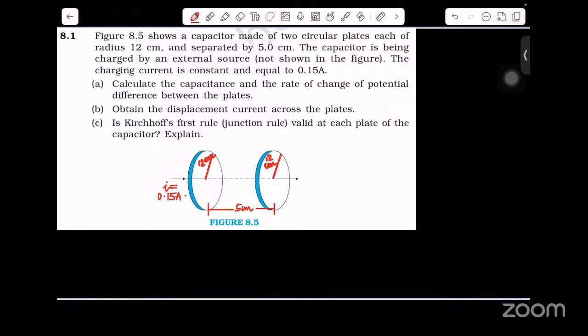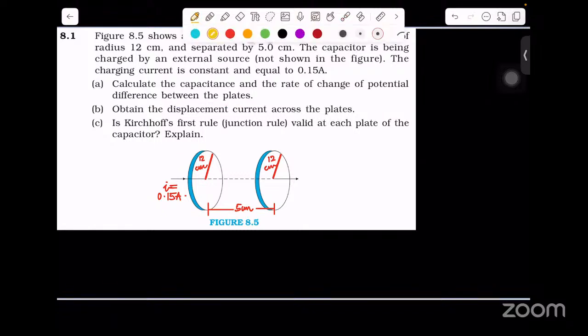Let me write this in a better way. 12 centimeters, 12 centimeters. Okay, so let's dive into the first bit of the question, which says, calculate the capacitance and the rate of change of potential difference between the plates.